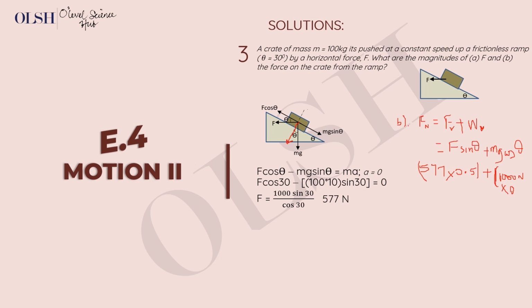So you can take it as 0.87. If we solve that, we're going to have a normal force of 1154.5 newtons. So this is what we're going to get as our answer. You can try solving this on your own to see what you get.